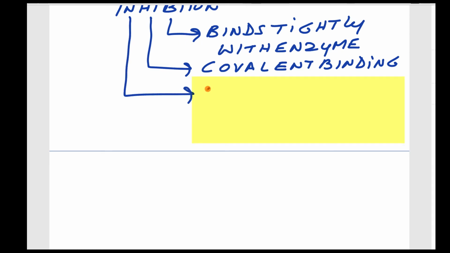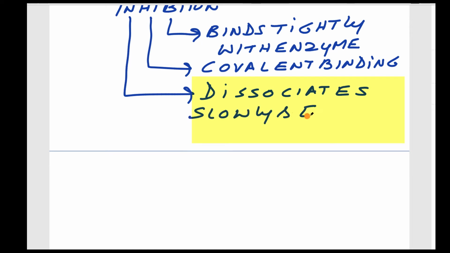The third aspect is that, having a covalent binding, it dissociates slowly. In fact, we can say essentially the inhibition is irreversible.